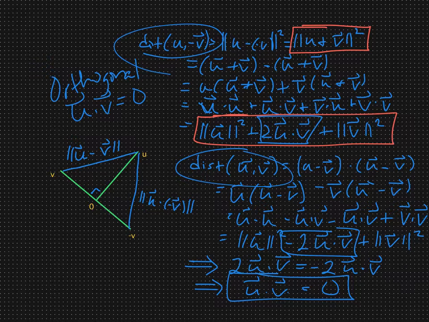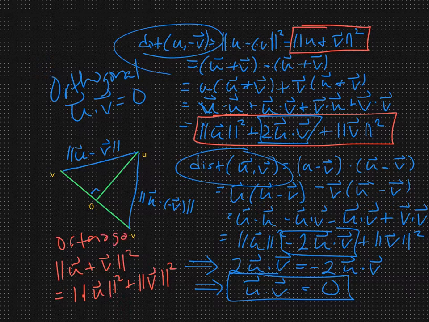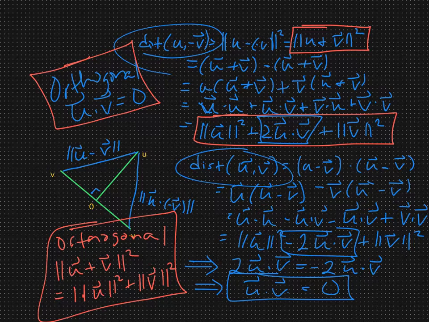But if we've said that U dot V is equal to 0 when we have orthogonal vectors, then we can also make the statement that the norm of U plus V squared is equal to the norm of U squared plus the norm of V squared when we have orthogonal. So we've got two little definitions that we can go by. This one is the Pythagorean theorem, and this is just our direct definition of orthogonal.